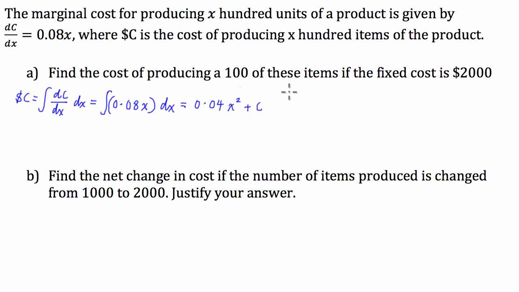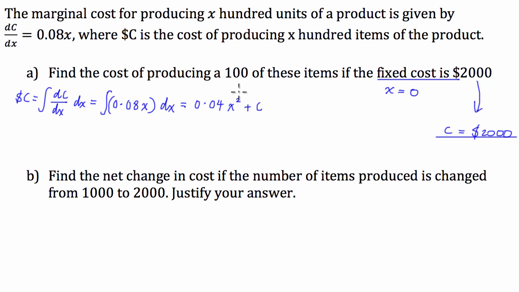We're lucky that they've told us the fixed cost, which is the cost when x equals 0, is $2,000. So we can say that the fixed cost, or the y-intercept, when x equals 0 is $2,000. Hence, we can use this to say that C will equal $2,000.